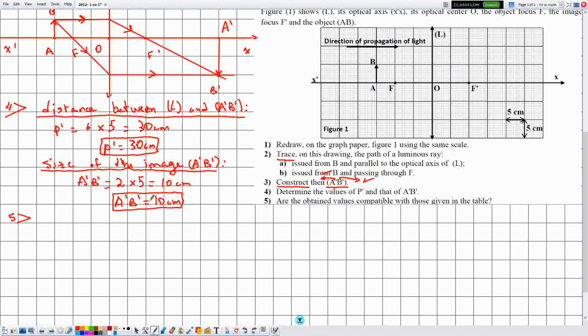And indeed our calculation also gives us that A prime B prime is equal to 10 centimeter. Therefore these values are compatible with the table.